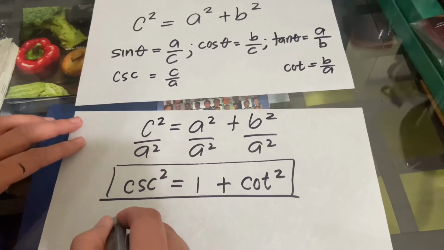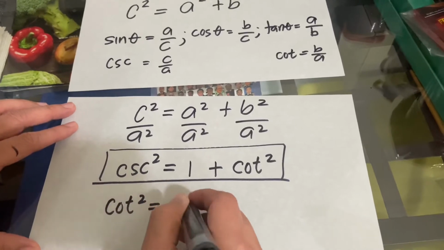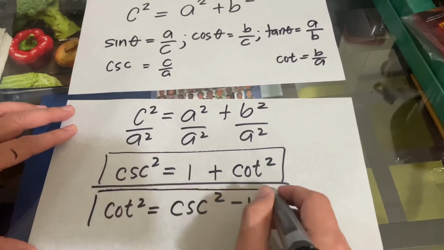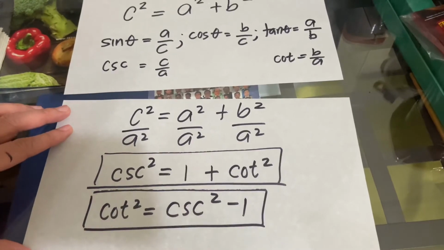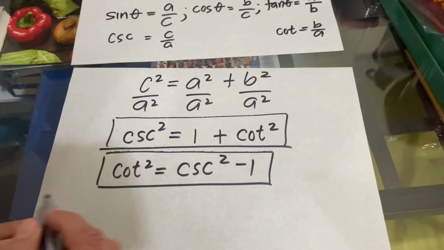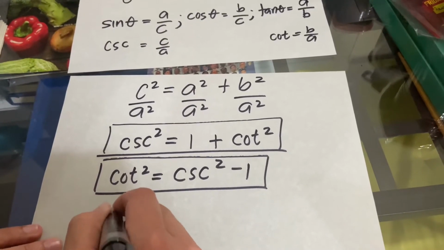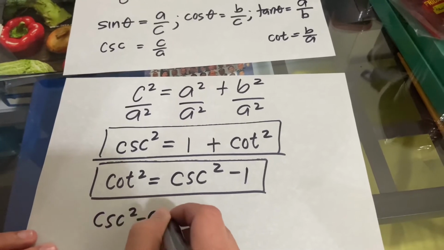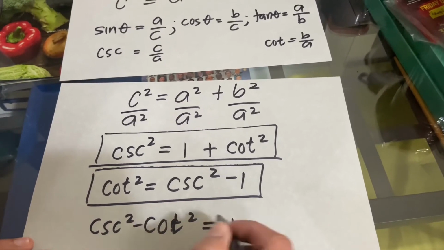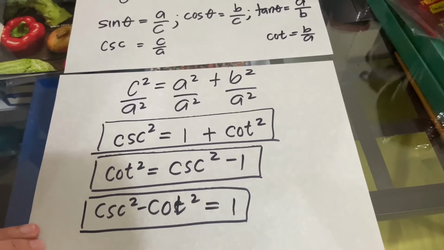Or you can have cotangent squared is equal to cosecant squared minus 1, which is another identity, right? Or cosecant squared minus cotangent squared is also equal to 1. So this is another identity.